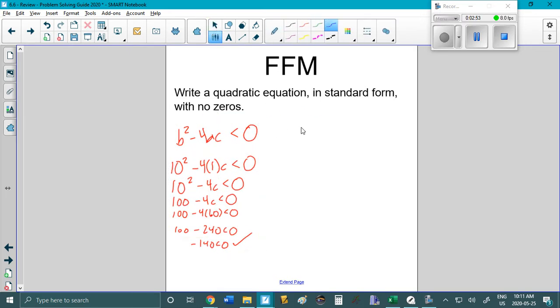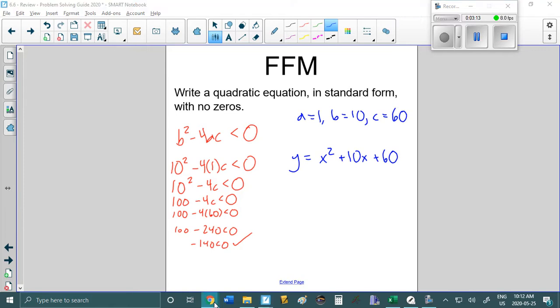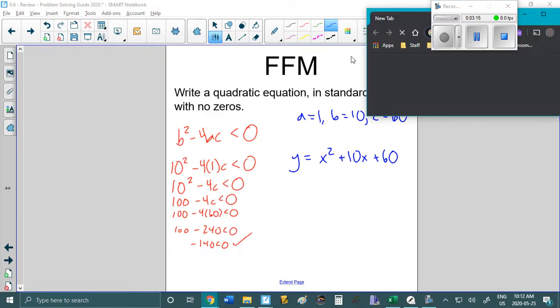This is just the first way that came to mind. So A we said was 1, B we said was 10, and C we said was 60. So that means that y equals 1x squared plus 10x plus 60 should be an answer that we want.